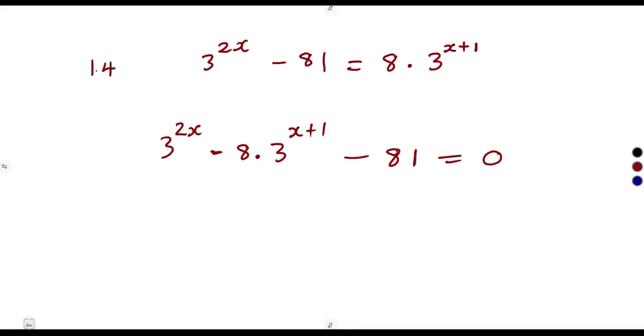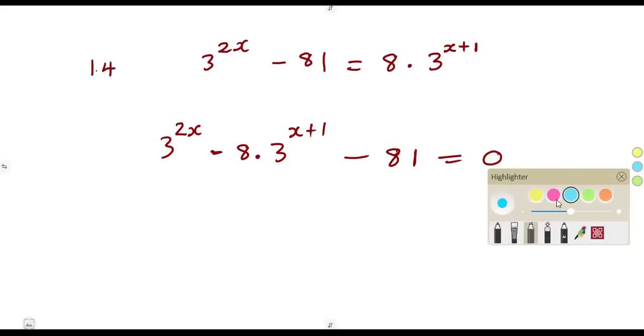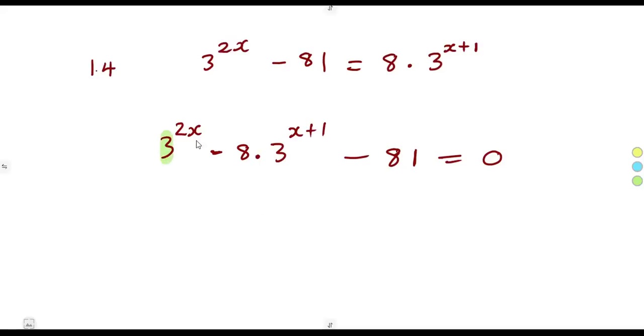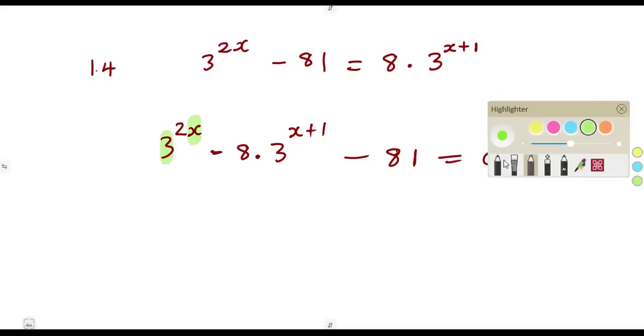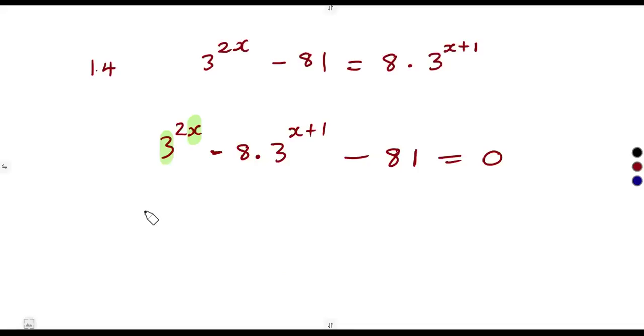Let's figure out what this means. We need the 3 to the exponent of x. This is the one that we need. So it simply means 3 to the exponent of x, raised to the exponent of 2, is what is remaining there.